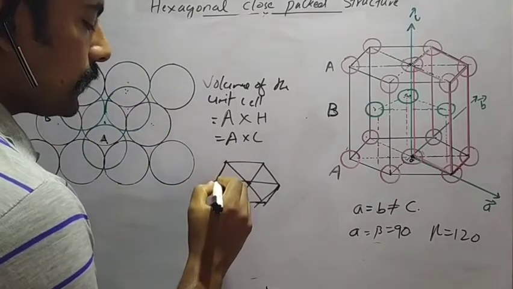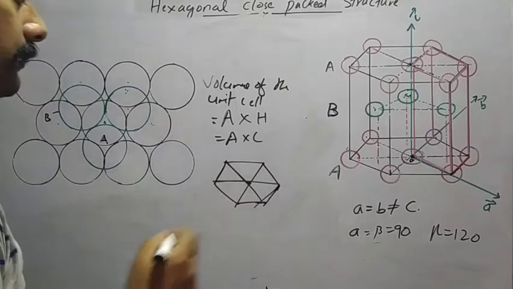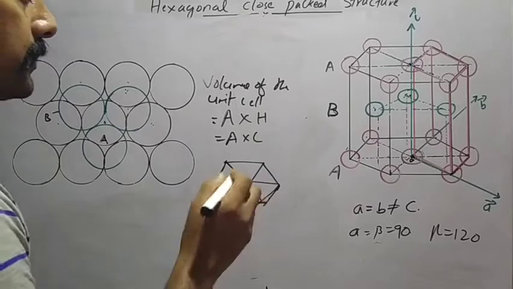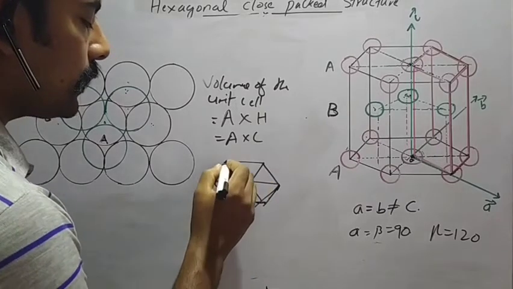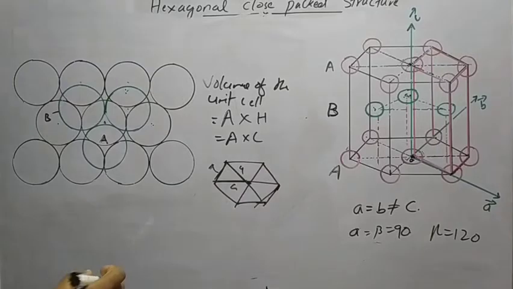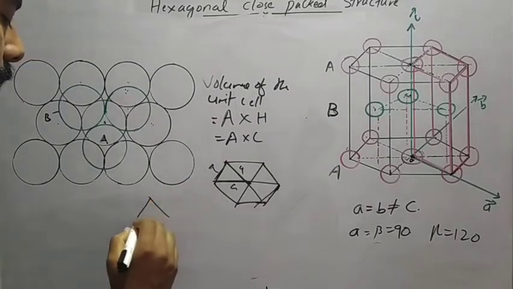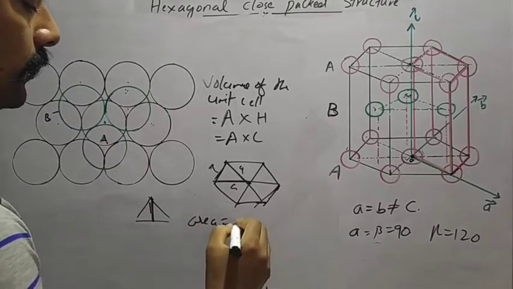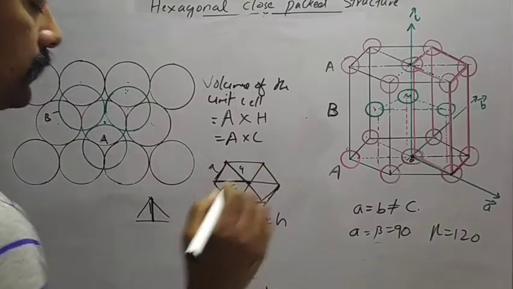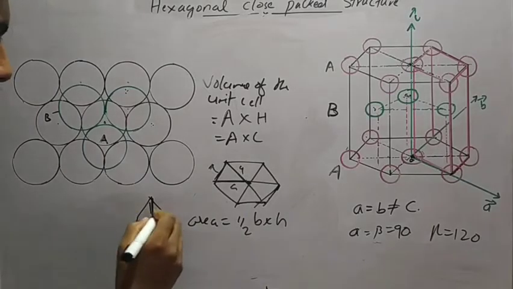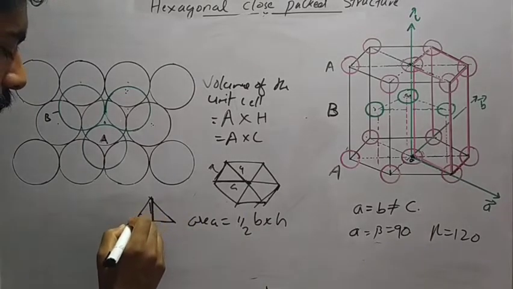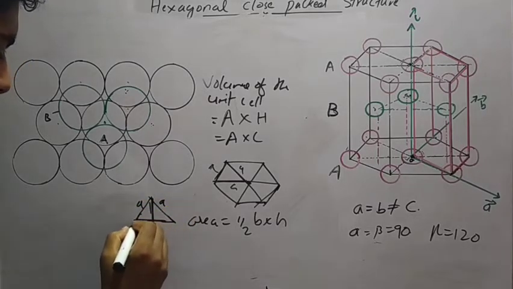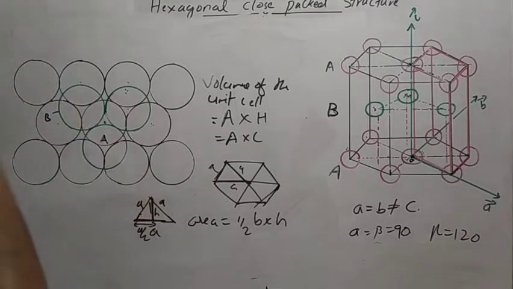So first let us find out the area of one equilateral triangle. Okay, 6 equilateral triangles contribute to this hexagon. Let's find out the area of one equilateral triangle, with sides A, A, A. Area is equal to half into base into height. Each side is A, and this distance is A by 2, and this is the height of that triangle.